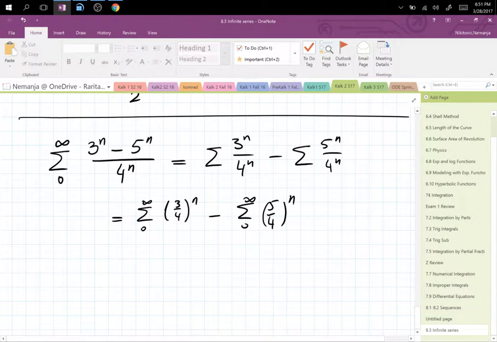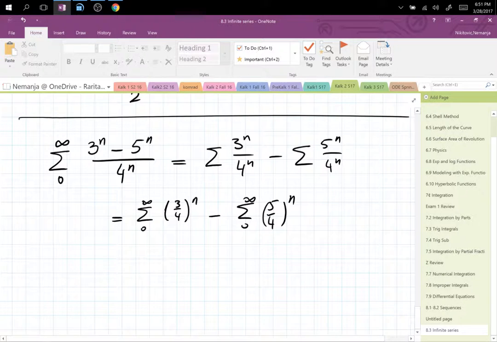So what do we know? 5 over 4 is bigger than 1. So what happens when you add a number or subtract a number from infinity? It's still infinity. As long as one of these explodes, the whole problem explodes.